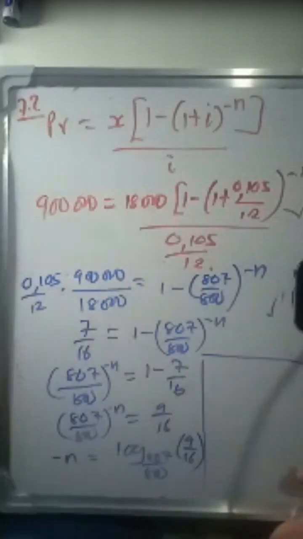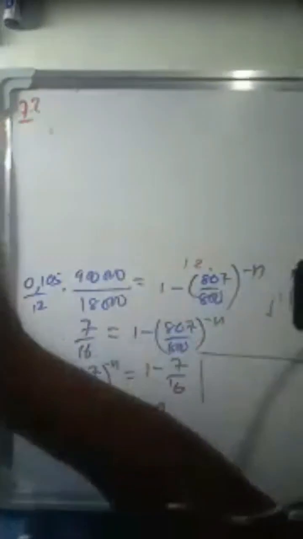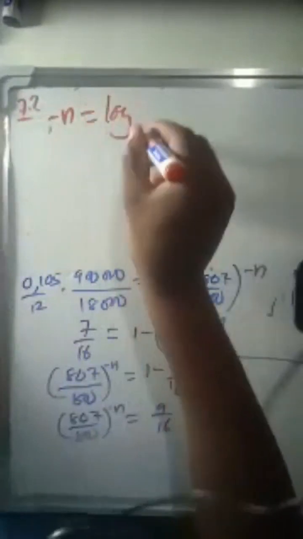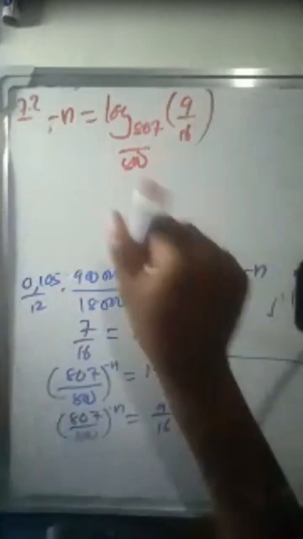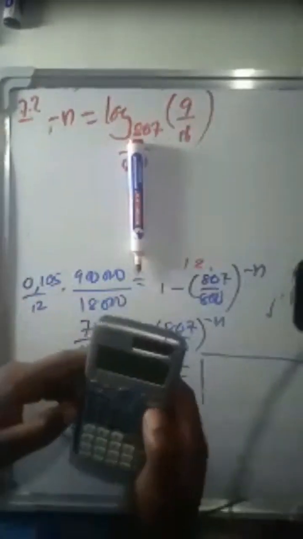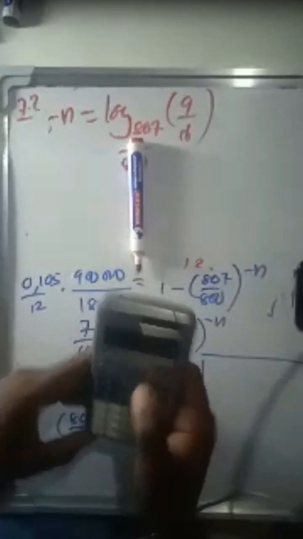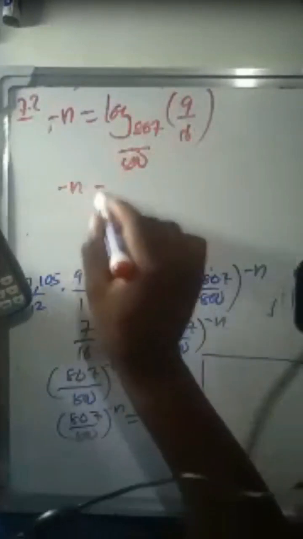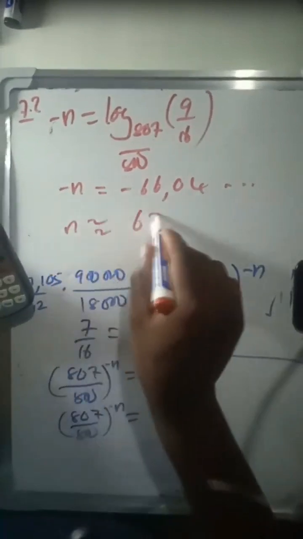Use your calculator. 807 over 800, then 9 over 16, and there we get that negative n equals negative 66.04, and so on. So it means n is approximately going to be 67 payments.